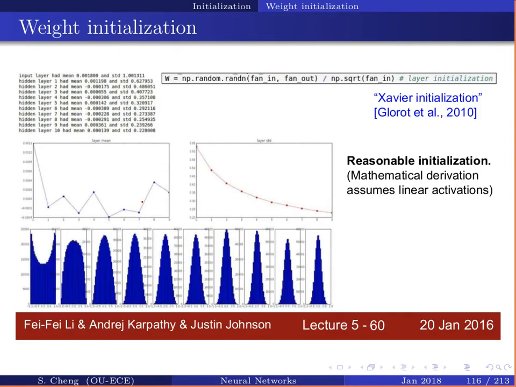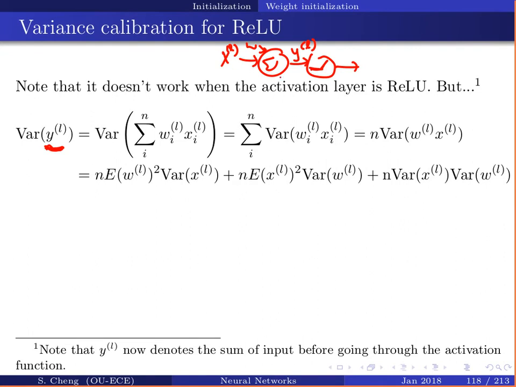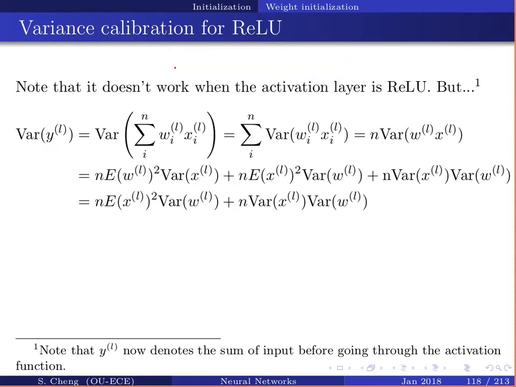We can still assume W to be 0 mean, but in general we cannot assume X to be 0 mean, because X is just going through an activation function, the ReLU function. Anything going through the ReLU must be positive, so it's not 0 mean. Therefore, this term here, I cannot assume to be 0. The mean cannot be 0.